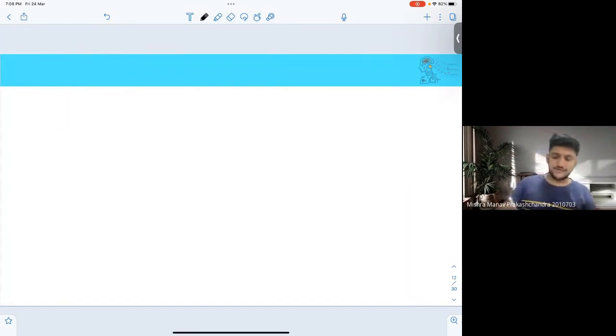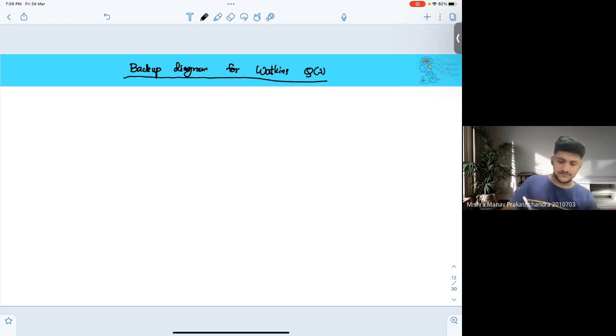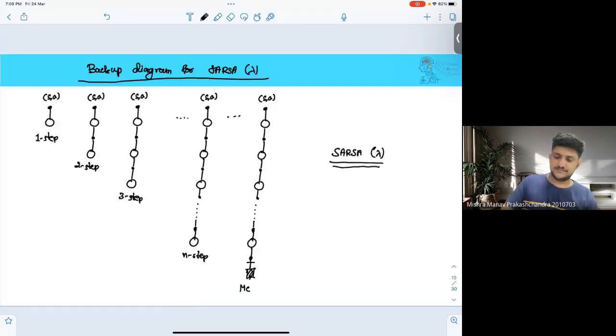And the backup diagram for Watkins Q lambda looks as follows. Just copy paste this.